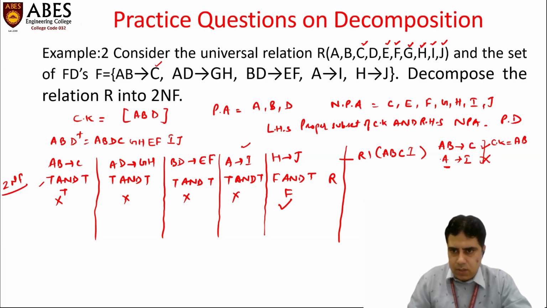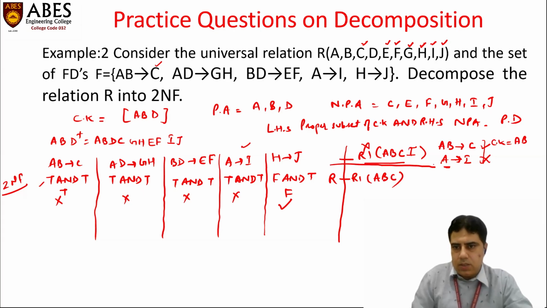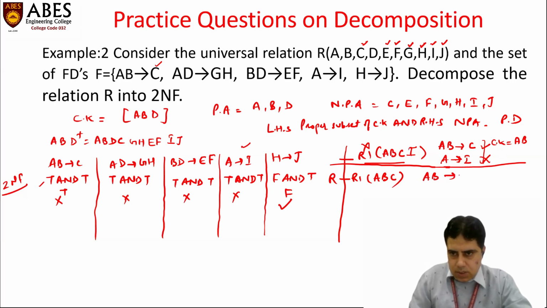That's why we cannot take the A determines I functional dependency in the relation R1. So the decomposed table R1 is A, B, C, and the functional dependency is AB determines C. Now this relation is in 2NF.